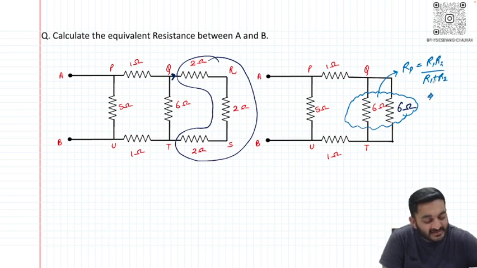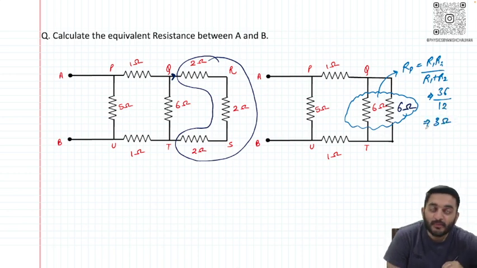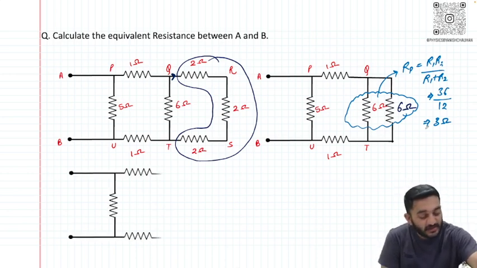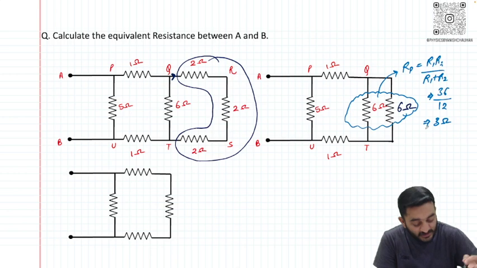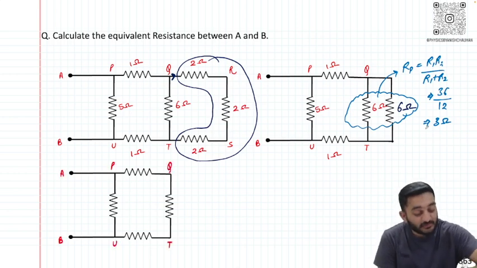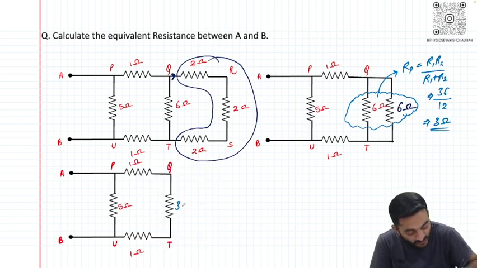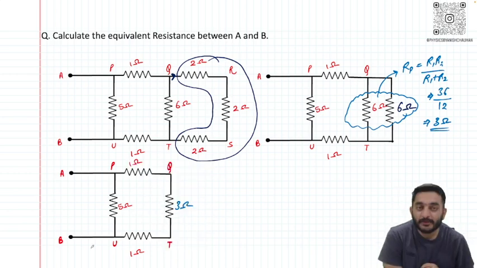So this will look like 6 into 6, which is 36. 6 plus 6 is going to be 12, and this is going to be 3 ohm, because 36 divided by 12 is 3 ohm. So I will do one thing, that instead of drawing the circuit again, I will redraw it, and I will simply mention that if you solve this QT part, beyond QT the total resistance is going to be 3 ohm. So this is what my answer will look like.